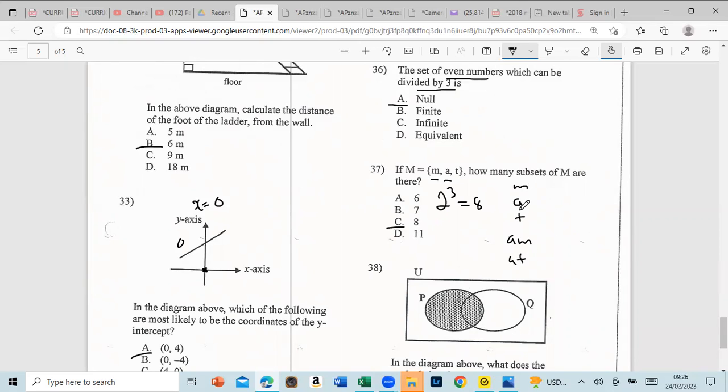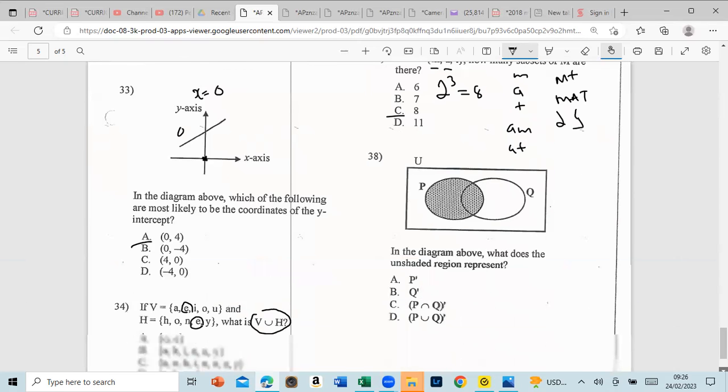So that's 1, 2, 3, 4, 5. And then you have MT, that forms a set, and then you have MAT. And then you have the empty set. So that's the 8 of them. So you can literally list them out, but it's good to know the formula, right?